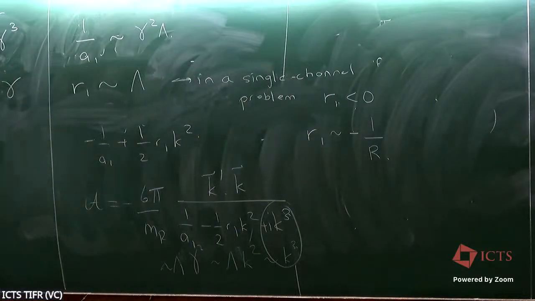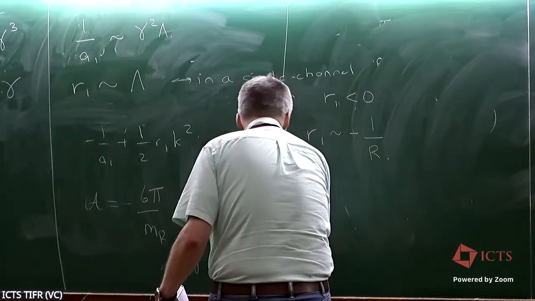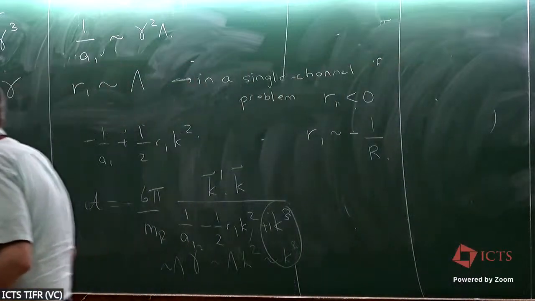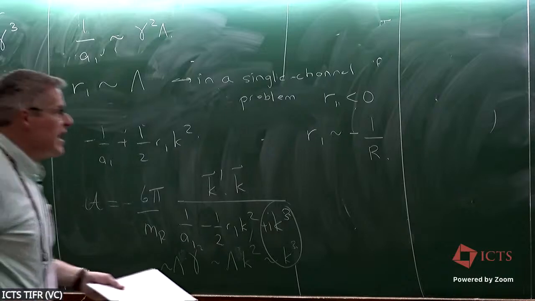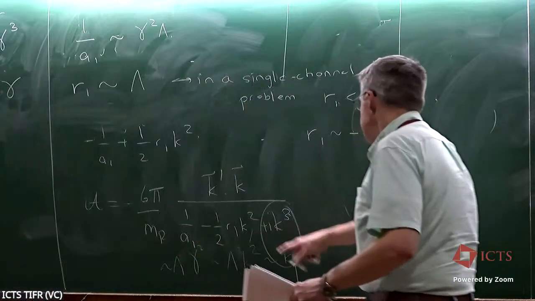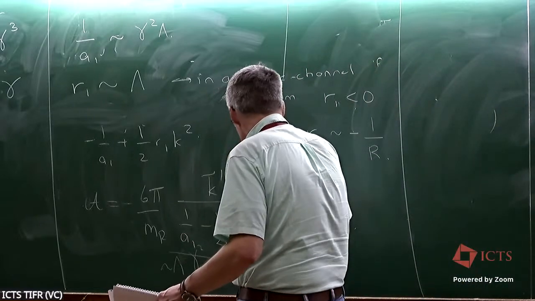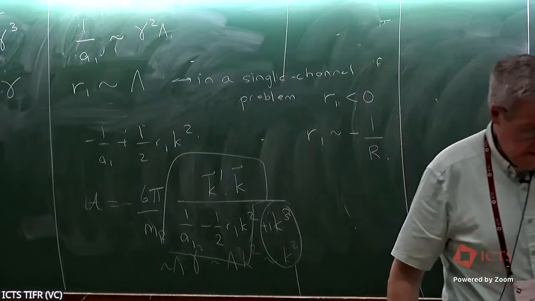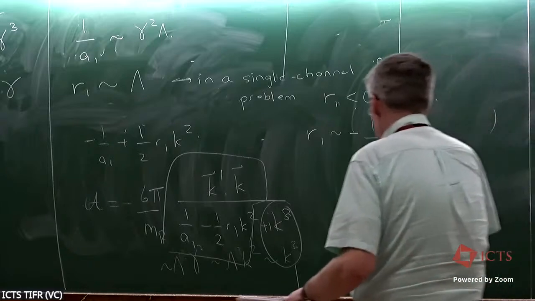This is different to something we talked about this morning. When we talked about S waves, I said you can never see the bare dimer because you have to sum all loops at leading order. But if this is the counting here, then in fact these two terms in the denominator are most of the time dominant over this term.